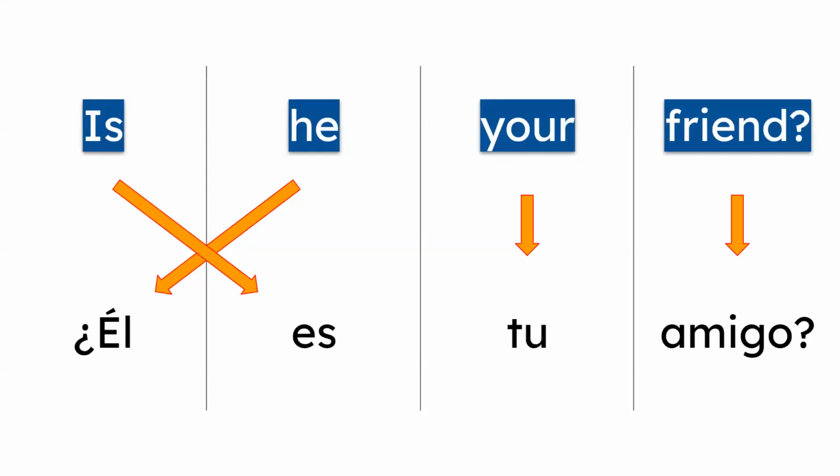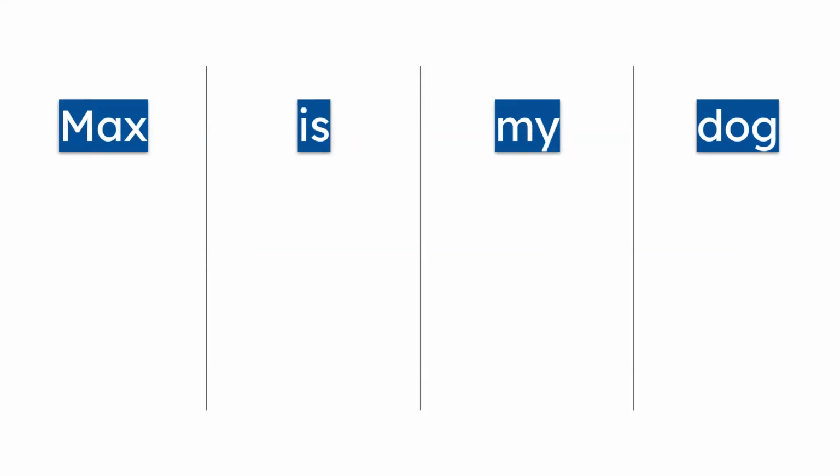Now, let's do the next sentence. Max is my dog. Max is my dog. Okay, Max is Max, same. Is Max is my. So we just learned that the possessive for your in Spanish was tu, exactly the same as the personal pronoun you, right?